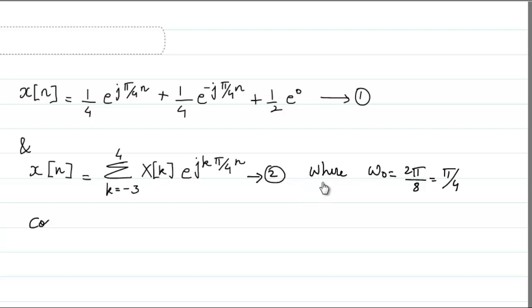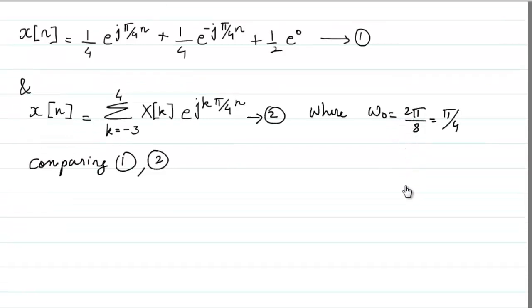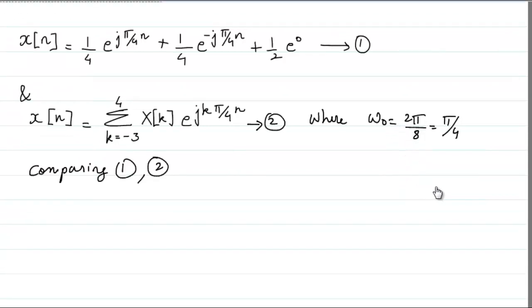So comparing 1 and 2. If I compare 1 and 2, what will I see? At what value of k will I get this value? You can see that at k equal to 1, I will get that value. Similarly, at k equal to minus 1, I will get that value.